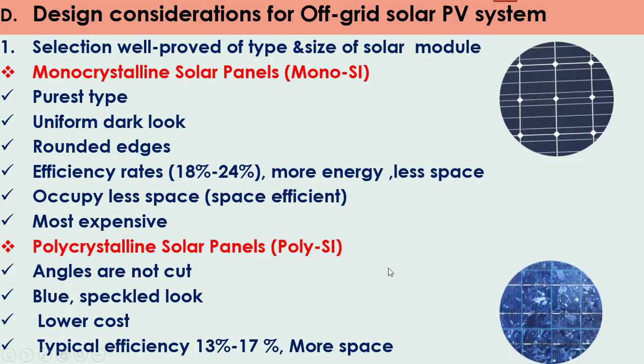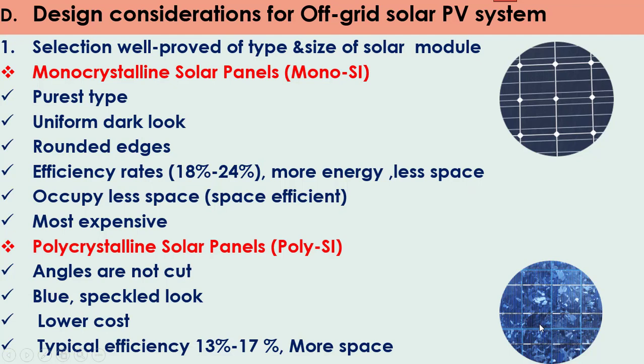As we see, in this type, polycrystalline silicon, the cells are square, and the edges are not cut as compared to the monocrystalline silicon.